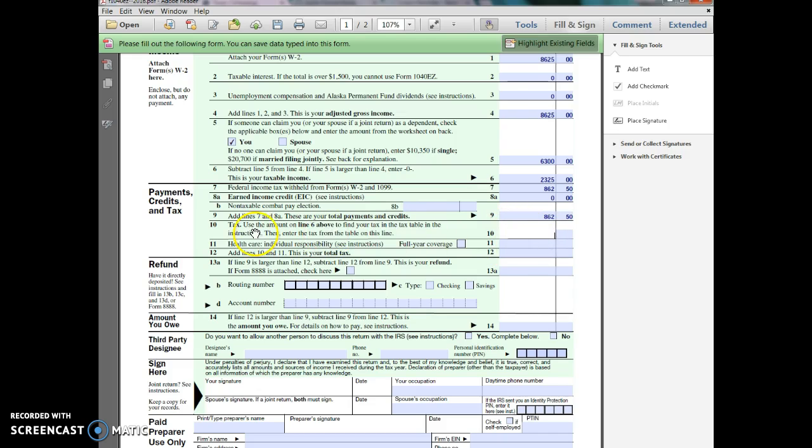Tax. Enter the amount on line 6 to find your tax in the tax table in the instructions. Your tax table is on the back of your sheet. You need to look for $2,625.